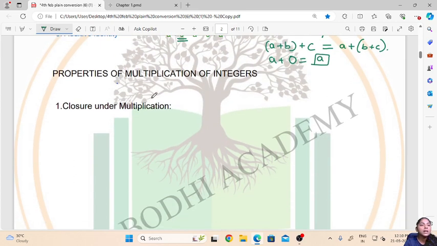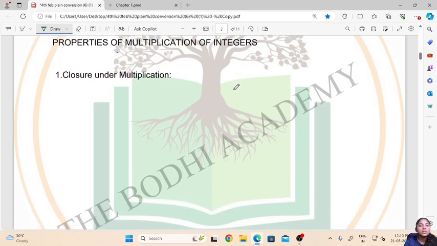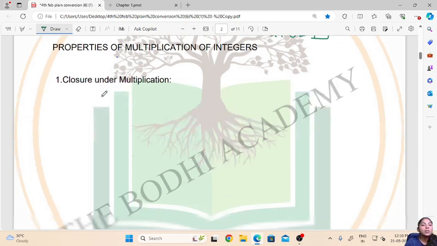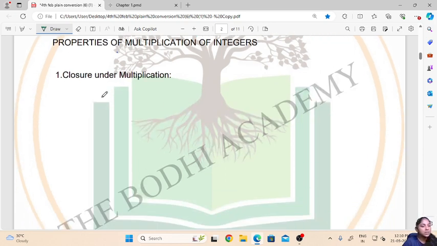Now in today's class, we will see the properties of multiplication of integers. The first property is the closure under multiplication. For any integers a and b, the product of these integers, that is a multiplied by b, should be an integer.